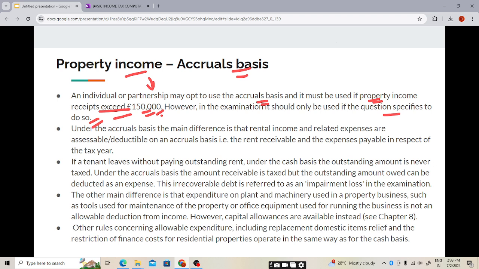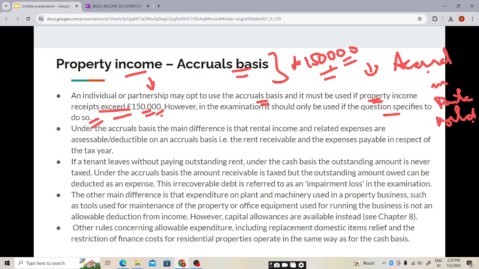So the property income will be calculated on the accrual basis when an individual's property income receipts exceed 150,000 pounds. If my receipts and income are more than 150,000 pounds, then I need to move to the accrual basis in the practical world.